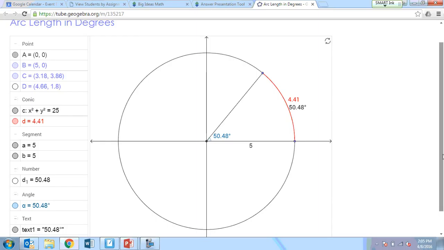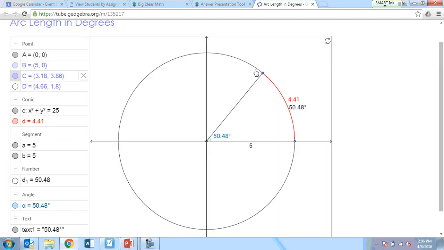The measure of the arc is 50.48, but the arc's length is 4.41. As I move this point, the central angle matches the arc's measure, but notice that the length of the arc is changing. It's getting larger. I work my way around here, and now I'm over 180 degrees, right? So it's a major arc. I come back, and it'll be back to a minor arc.